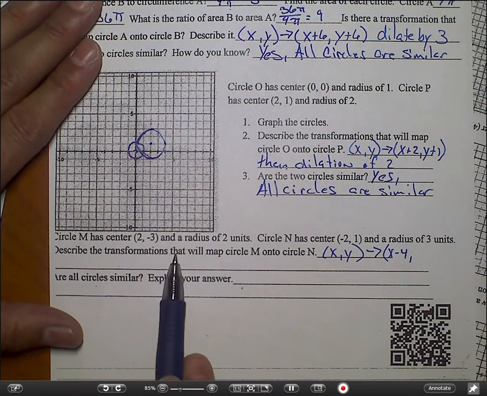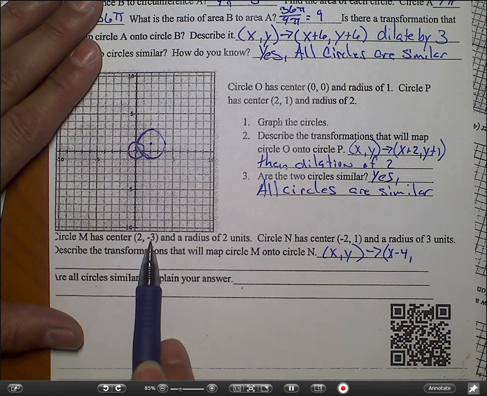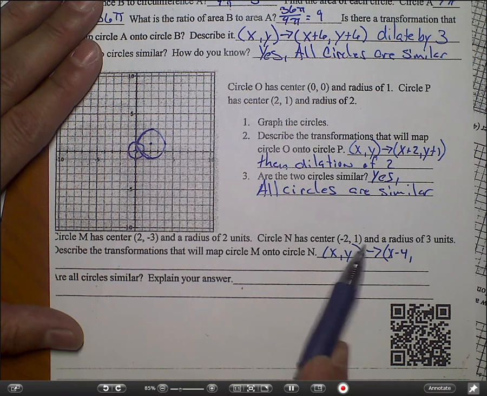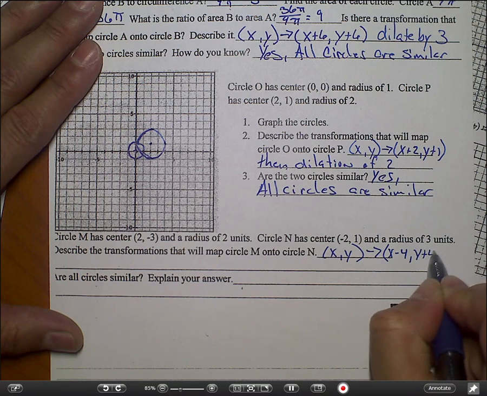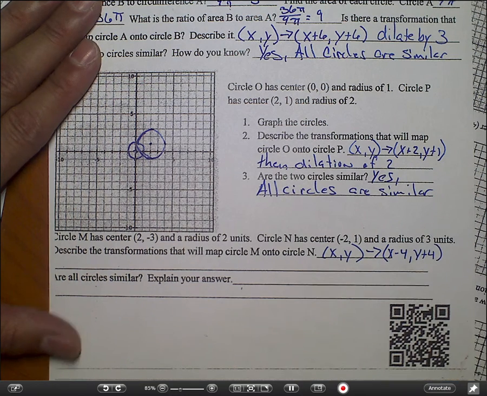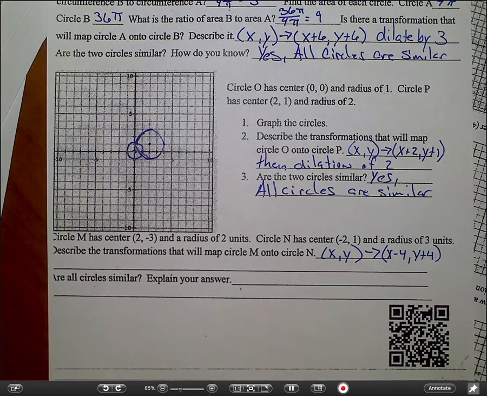Now the Y values. If I start at -3 and go to 1, it's going to add 4, right? Now it's the dilation.